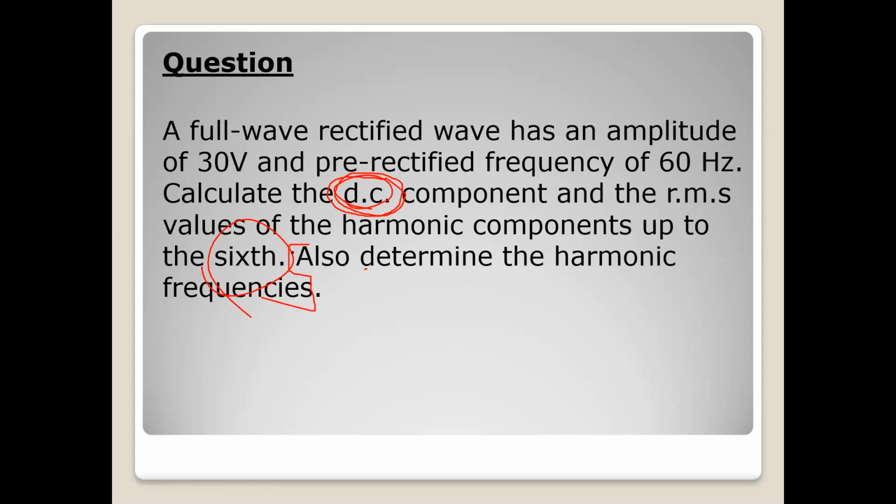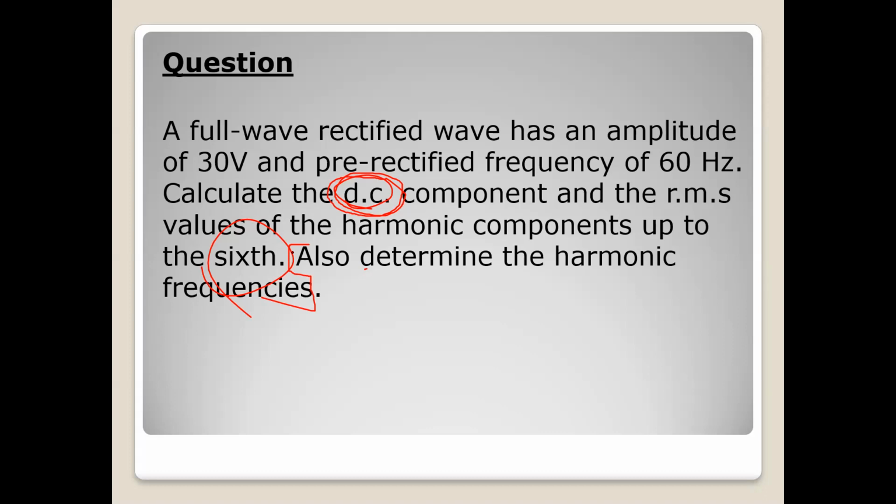Yeah, but the Fourier series would not be able to tell you that. You won't be able to see that. So what about the DC component? You say it's smooth. What does that mean? It means that it's rectified. Yeah, all right.